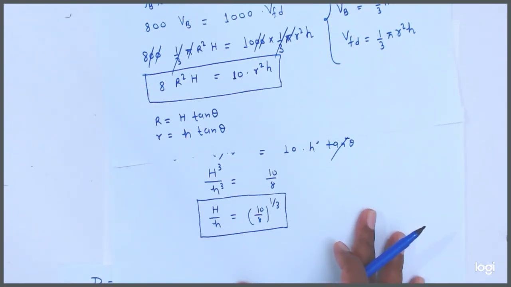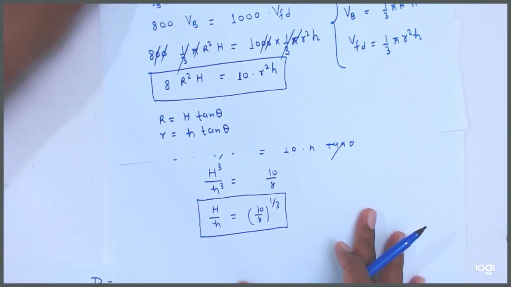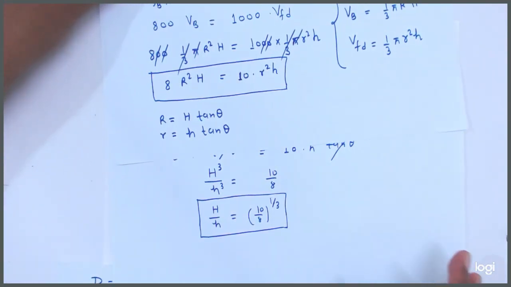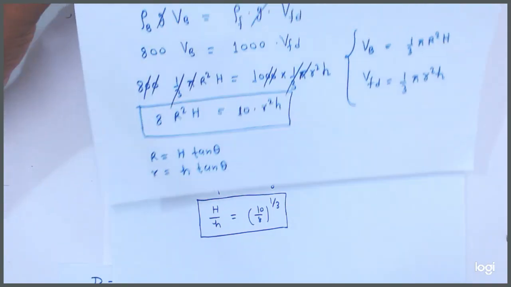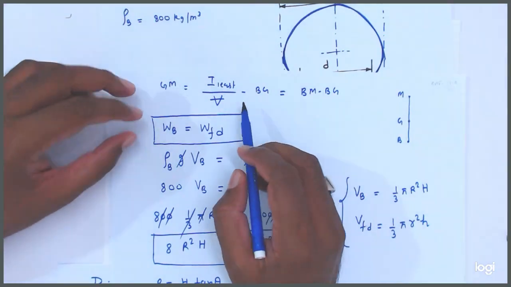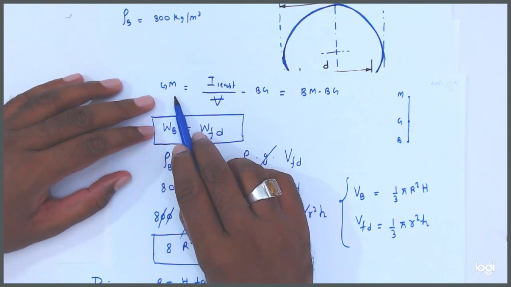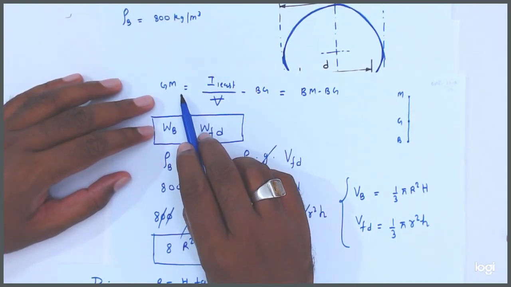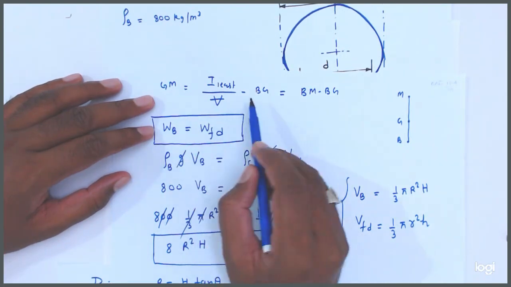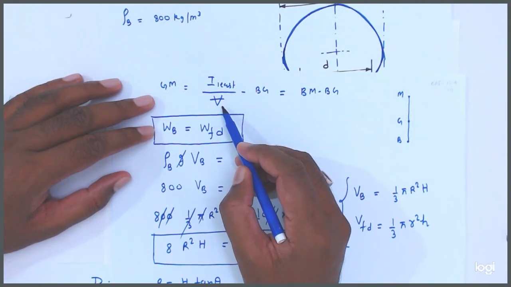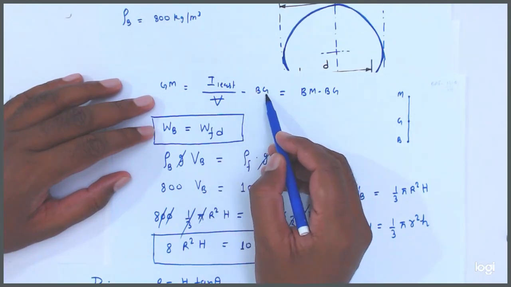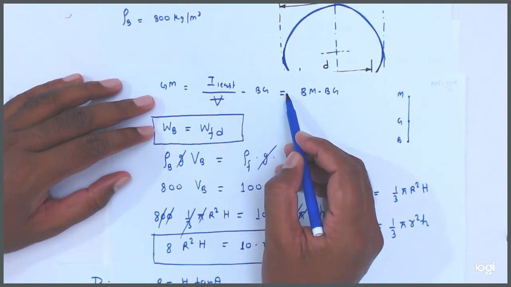Okay friends, now what we will do, actually we have to find here GM, the metacentric height. For a stable equilibrium we have to find GM, and this GM should be positive, or you can say greater than 0. It means I least upon volume displaced minus BG should be greater than 0.